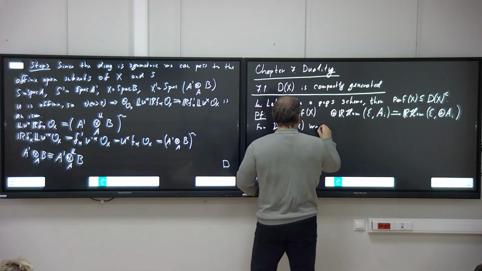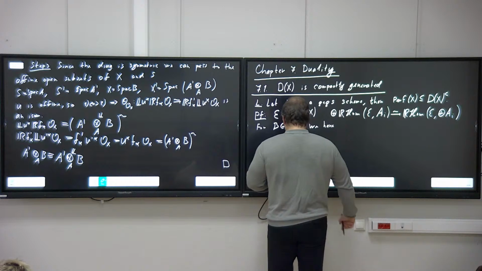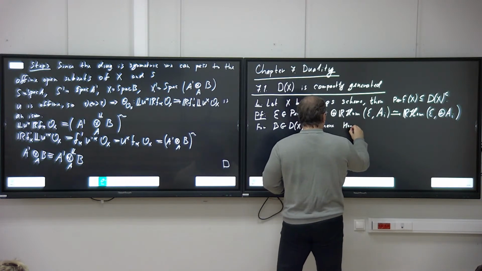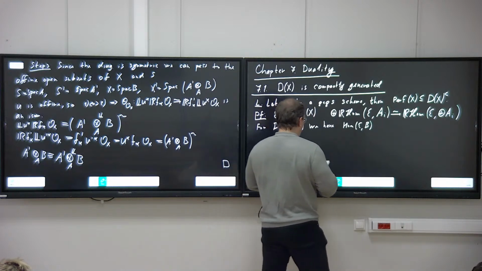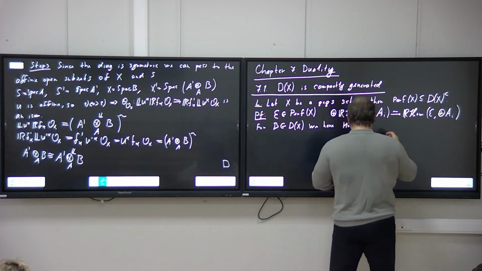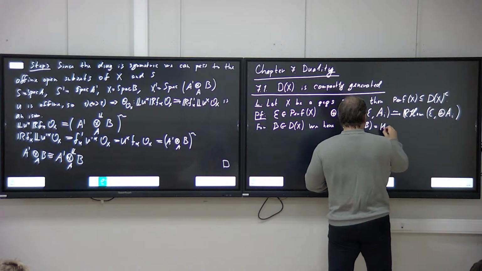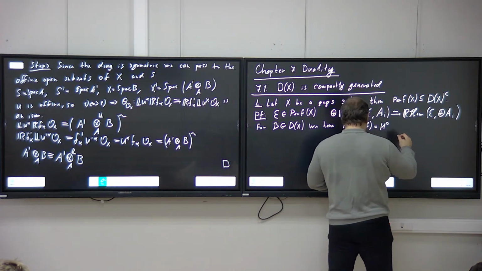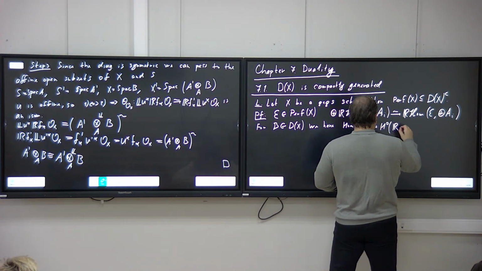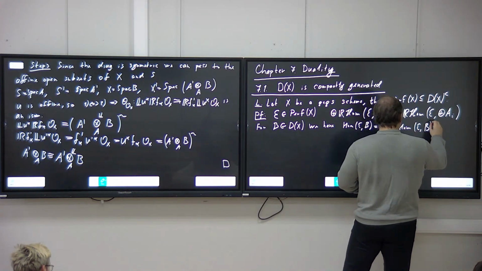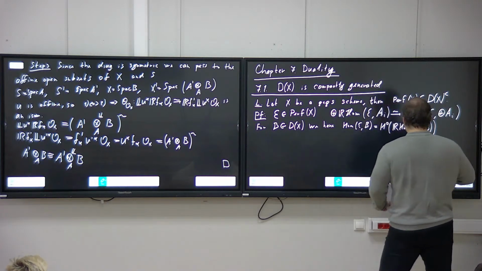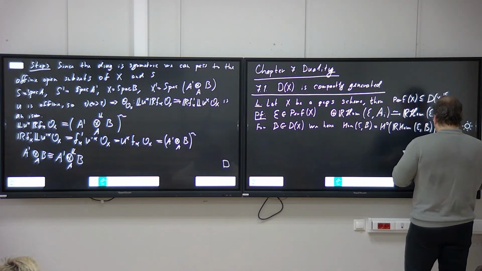Then we have Hom from E to B, the global Hom, the Hom in the derived category. First of all, I can write this as the zeroth cohomology of RHom from E to B. This is the non-local RHom.